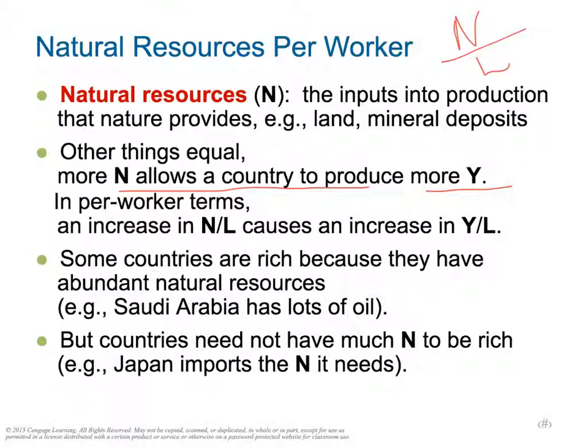And that kind of makes sense if you think about rich countries such as Saudi Arabia. For example, Japan doesn't have a lot of natural resources, and so it imports a lot of the natural resources that it needs. So when we talk about natural resources, it's also the ability to get at those natural resources. We might be plentiful in oil, but if we're not able to get at that oil, then our natural resources per worker would be lower.